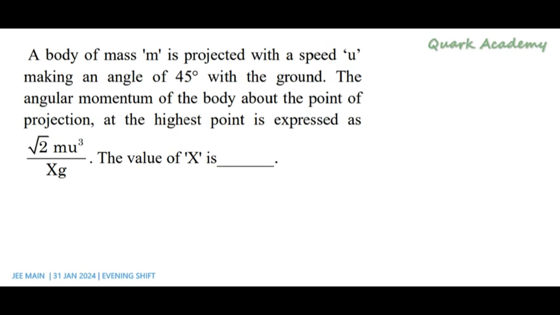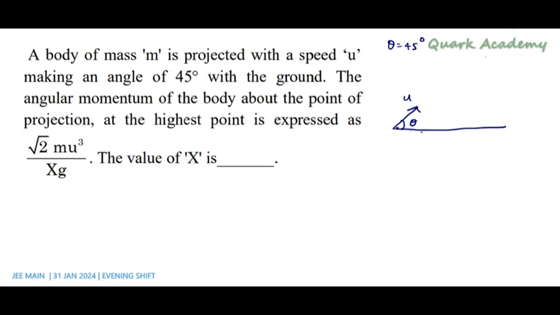In this question, we need to find the angular momentum of a mass which is projected with speed u. So let's consider this is the ground and the mass is projected in this way with initial speed u at angle theta. Here theta is 45 degrees.